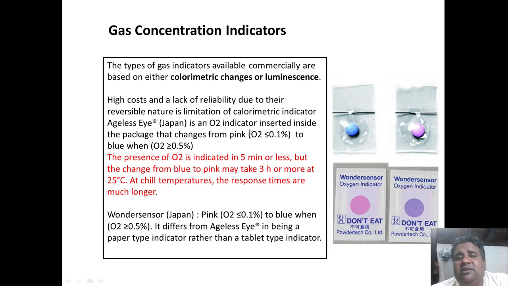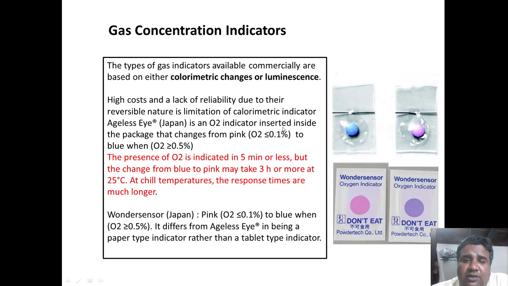Okay, but the problem here is that the presence of O2 is indicated in 5 minutes or less. See this, it is pink when the oxygen concentration is less than 0.1%. As it reaches 0.5%, it is turning to blue.